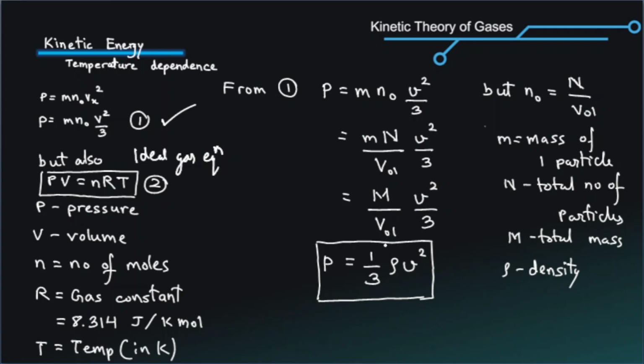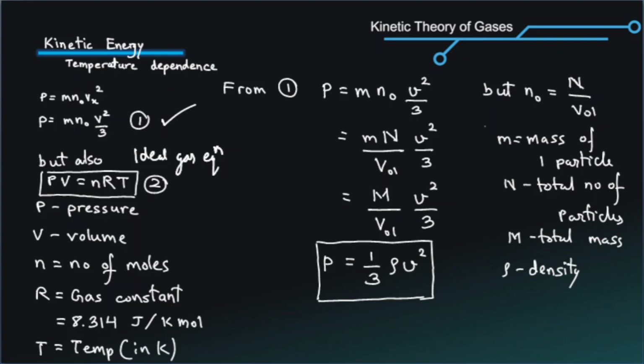Not really important as of now, but just note it. A difference I can tell you here is that in the first equation, v is the velocity and n naught is the number of particles per unit volume. Okay, total number of particles N by unit volume. Whereas in PV equals nRT, the second equation, V is the volume and n is the number of moles. I hope that's clear.